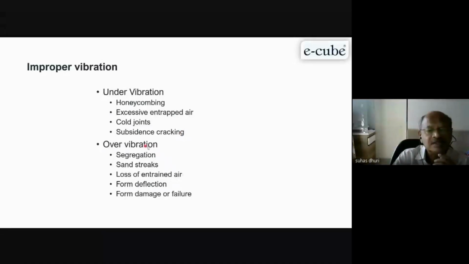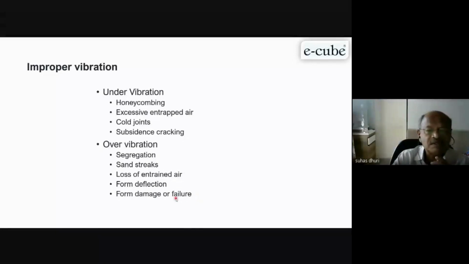Over vibration is also not good for concrete: segregation, sand streaks, loss of entrained air. Suppose you are using an air entraining agent in the concrete for a particular application, there is a possibility that the air is lost. Form depletion is normally possible, and form damage or failure.